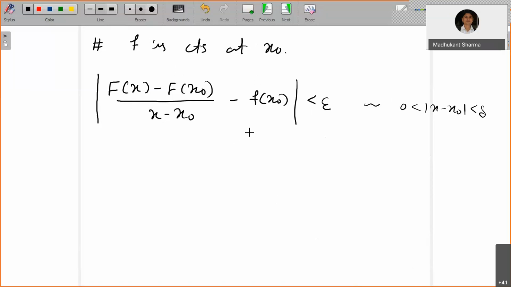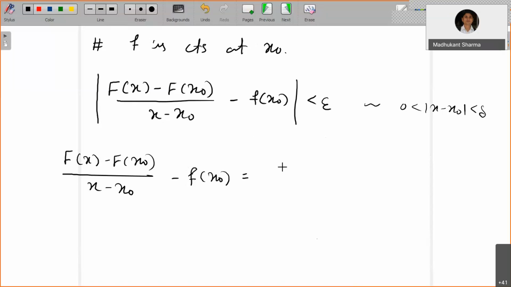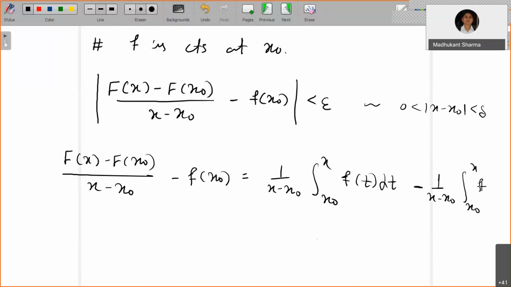Okay, but how will you show this? You have to rewrite it. So F of x minus F of x naught divided by x minus x naught, minus f of x naught, which we have just evaluated, is equal to 1 upon x minus x naught times the integration from x naught to x of f of t dt, minus, now you can write this f of x naught as 1 upon x minus x naught times the integration from x naught to x of f of x naught dt.